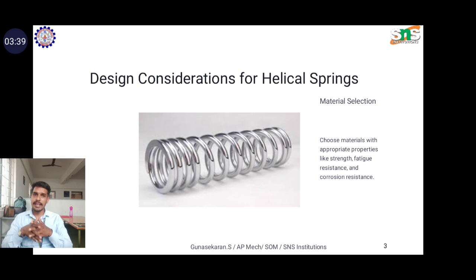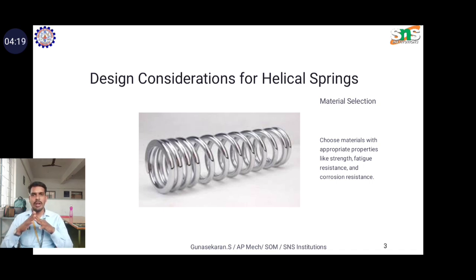Stainless steel, for example AISI 302 and 316, provide corrosion resistance, ideal for humid or corrosive environments. Fatigue resistance: consider the expected number of cycles and stress level the spring will endure. Materials with high fatigue limits like chromium silicon ASTM A401 or chromium vanadium ASTM A231 are preferred for applications involving frequent loading cycles.